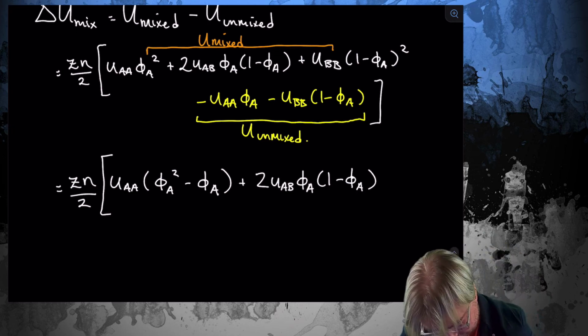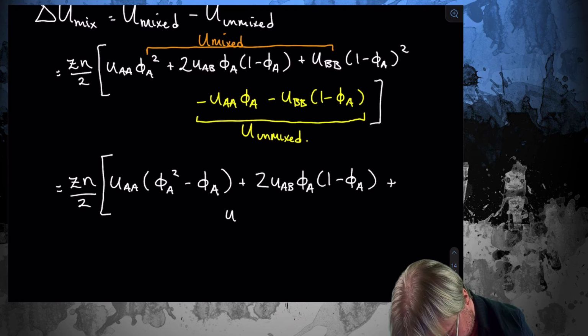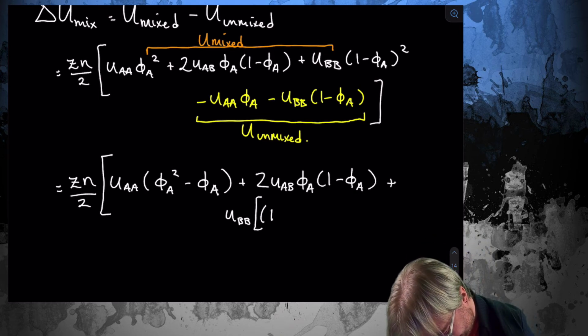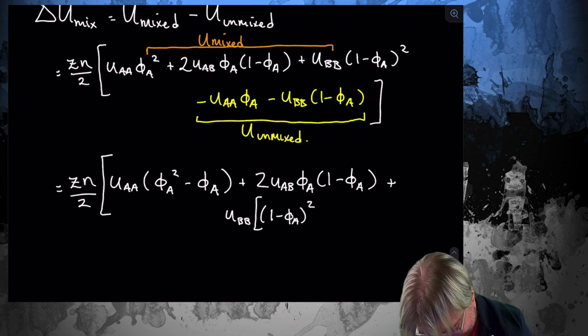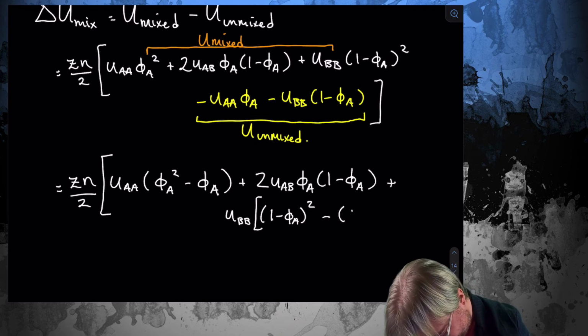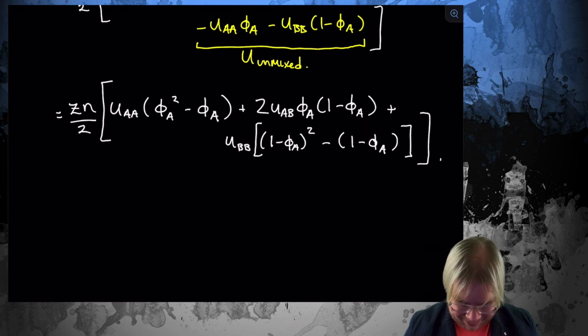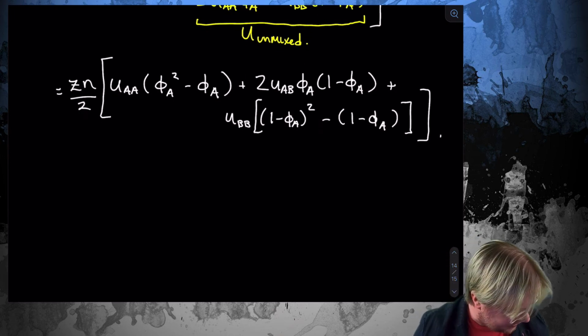And then plus UBB multiplied by, this is going to get really messy, 1 minus phi A squared, and then minus 1 minus phi A. Whew. Okay, so we're just going to expand this and simplify still.